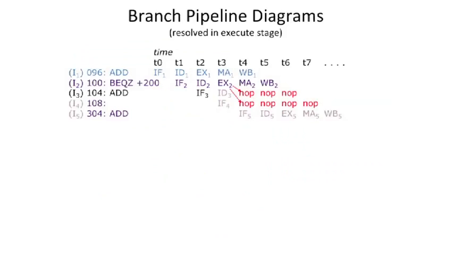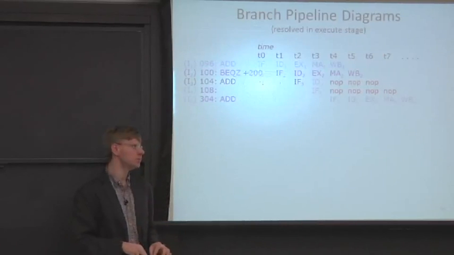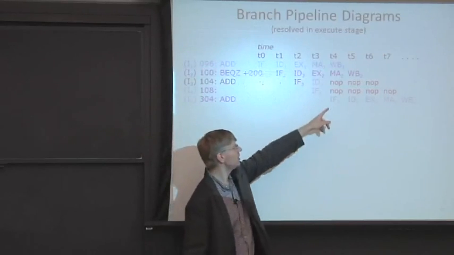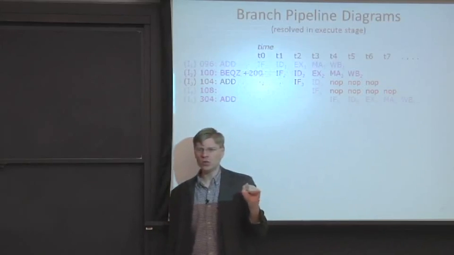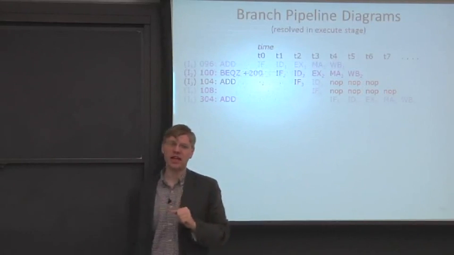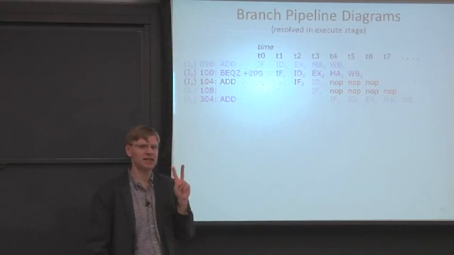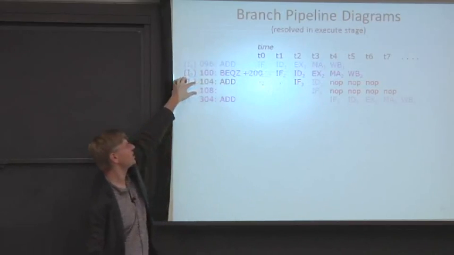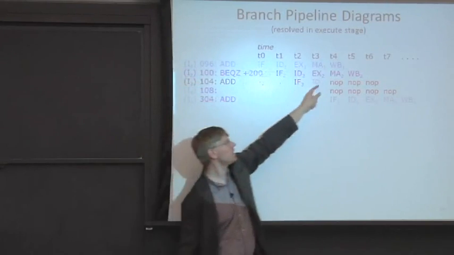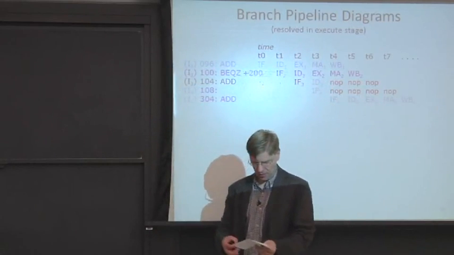Let's look at this from a branch pipelining perspective. We'll draw the pipeline diagram for a branch executing for our example. What you're going to notice real fast is that if you actually execute the branch and take the branch, you're going to be adding 2 extra instructions, in this case 104 and 108, and they get killed as they go down the pipe.